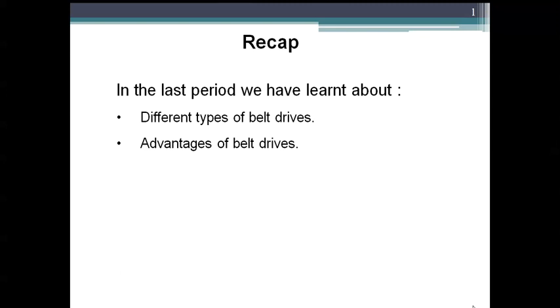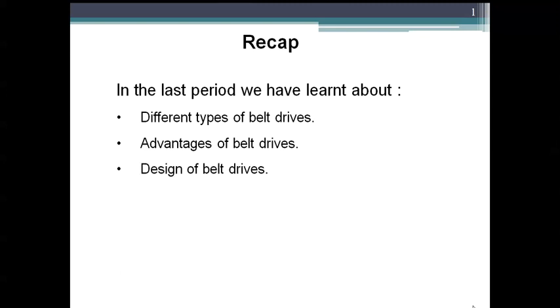The maintenance is low, and the cost of the belt drive is also less because the belt material is rubber, balata, canvas, cotton. So these are the main advantages of the belt drive.